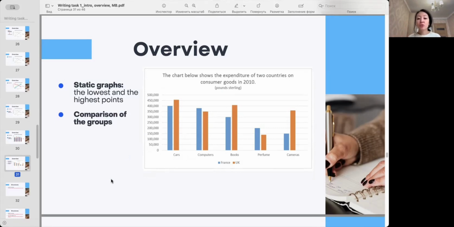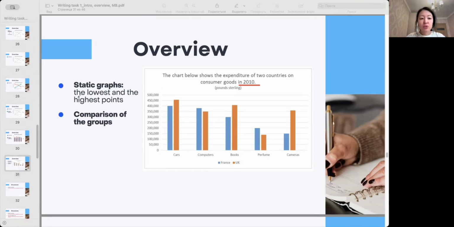And we cannot use words like increase, decrease. Nothing increased, nothing decreased, because everything happened in 1 year. It's just static data in 1 year, right? In this case, you will not talk about the general trend, of course, because there is no general trend. And the structure will be a bit different, but the logic is the same.